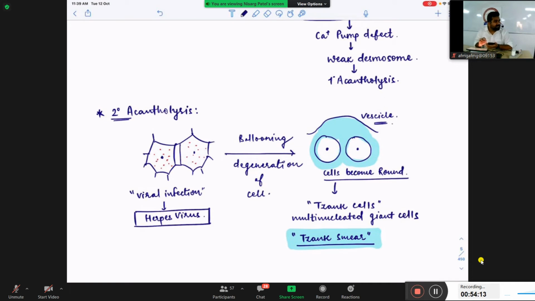So, classical fluid-filled, जैसे herpes में, हाँ, the bulla is large size. I will show you the photo so you will get some idea.